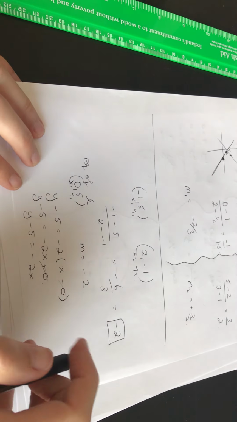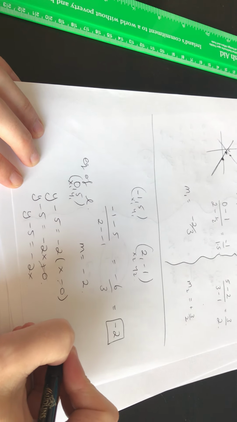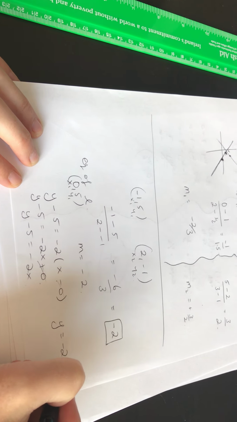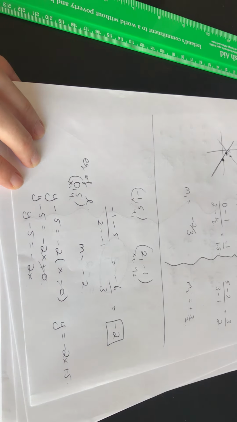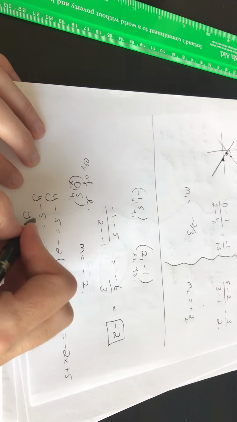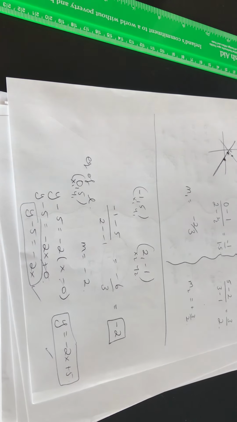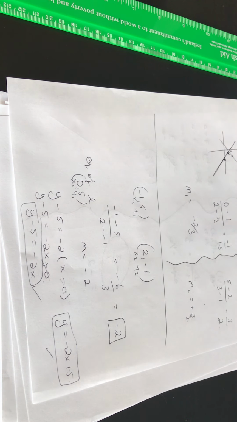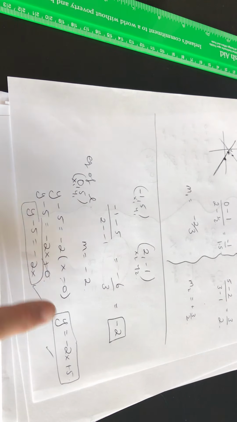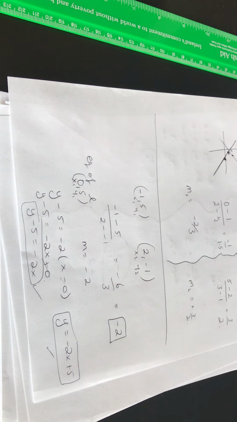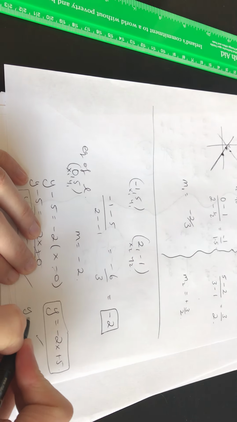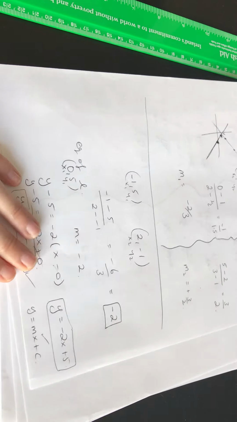Some people might have it looking differently. You know, they might have added 5 to both sides and you'd end up with -2x plus 5, etc. So there's many ways that that particular line could look, but all of them are as simple as they can get. The only reason that I would write it in a certain format is because they might have said, which they didn't in this question, they let me do what I want, but they could say, give your answer in the form of y equals mx plus c.